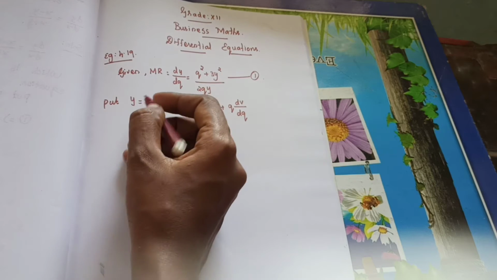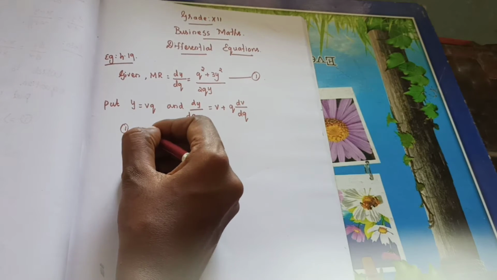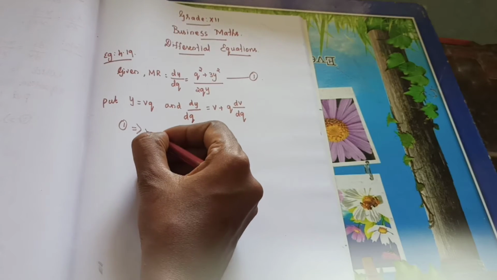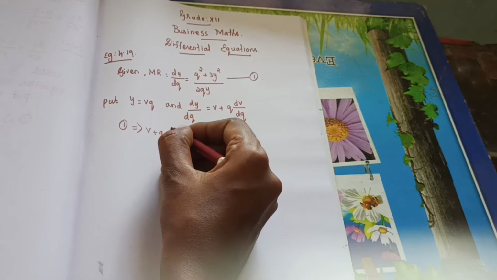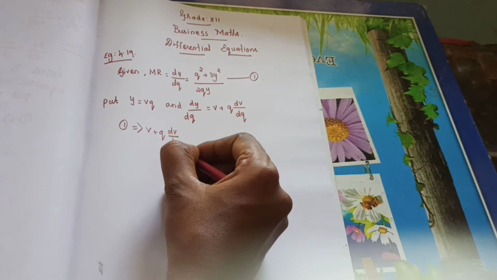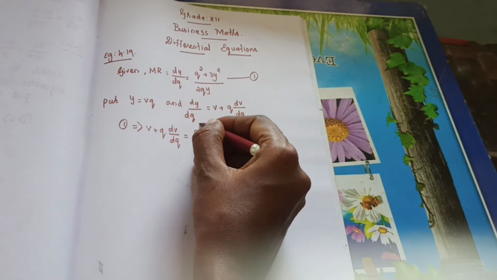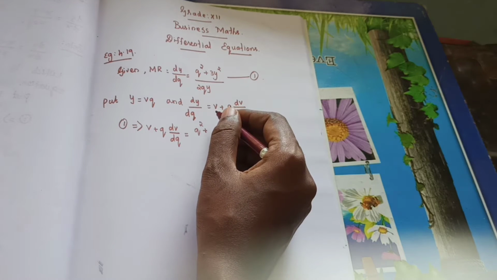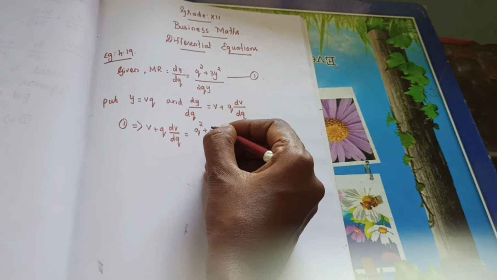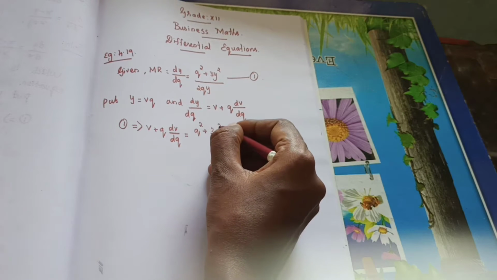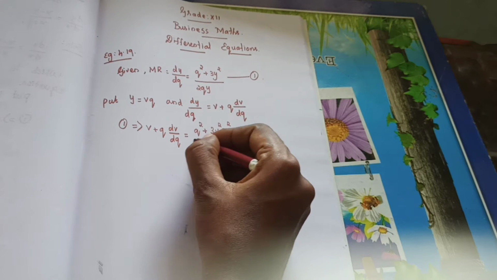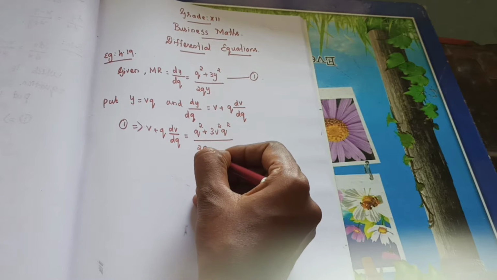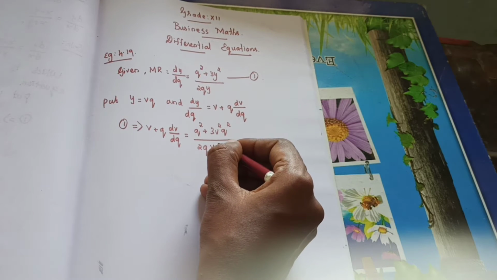So v plus q into dv by dq equal to q square plus, in the place of y you need to substitute vq, 3 into v square q square, divided by 2q into vq.